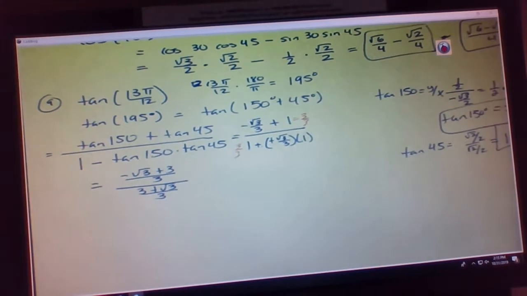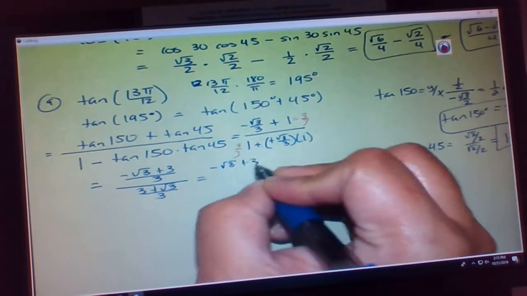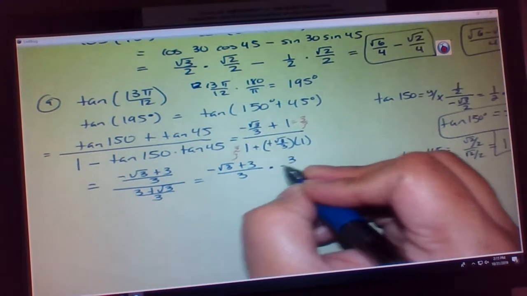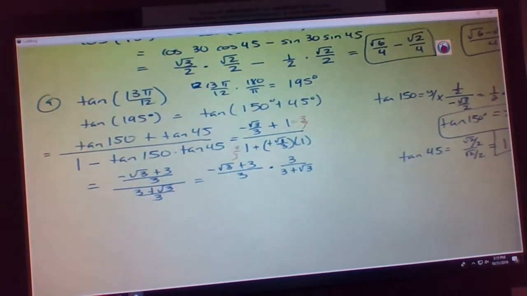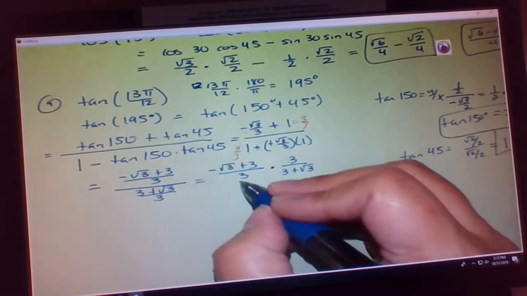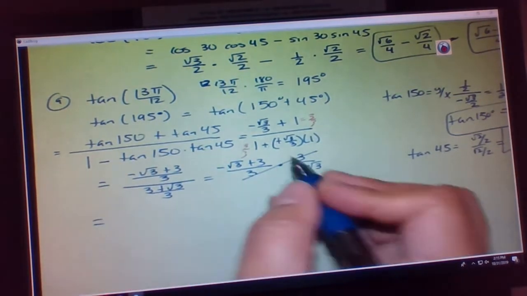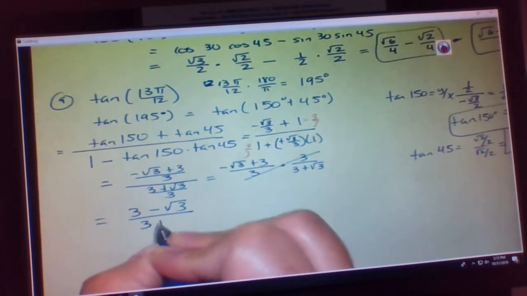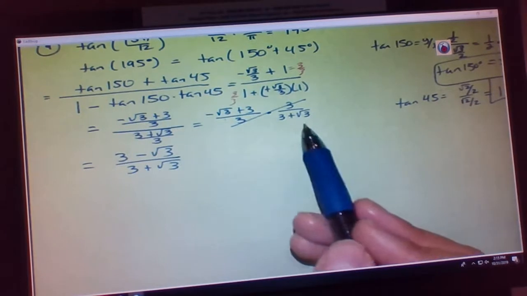Any questions there? So negative square root of 3 plus 3 over 3 times the reciprocal of your denominator, 3 over 3 plus square root of 3. What happens to your 3's? They cancel. So I'm going to rewrite this like this so they could look almost the same. So I just reordered the top, switched them, and the bottom stays like that.